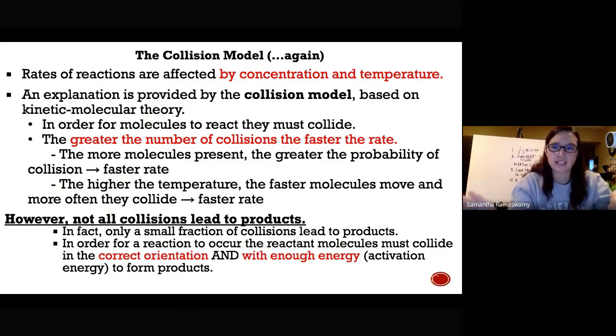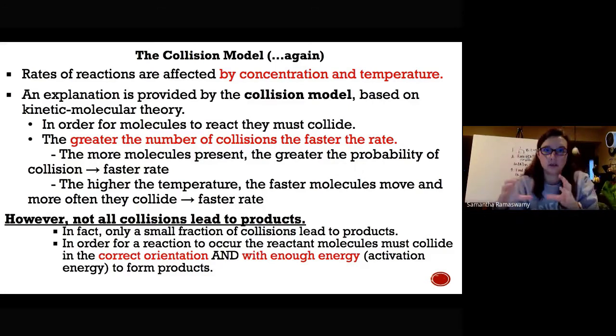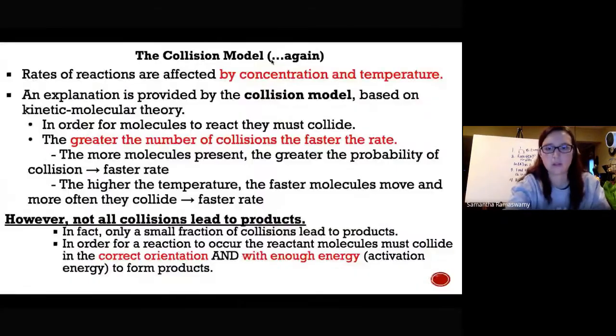If your product is NO2, that means the nitrogen portion of NOCl needs to collide with O2 in order for that part to bond and form something new. If the chlorine hits the O2, that's not forming NO2 like we need. So they need the correct orientation and they need enough energy. That's big for the collision model.